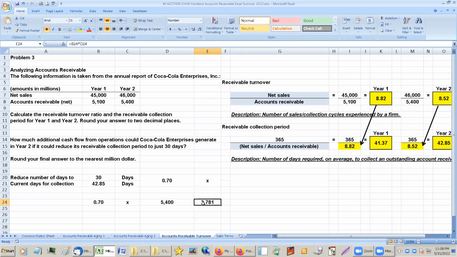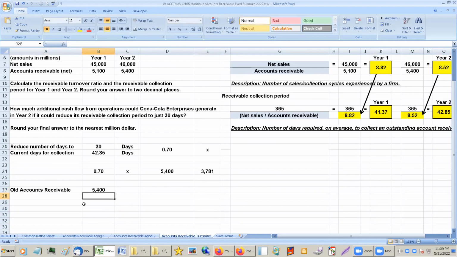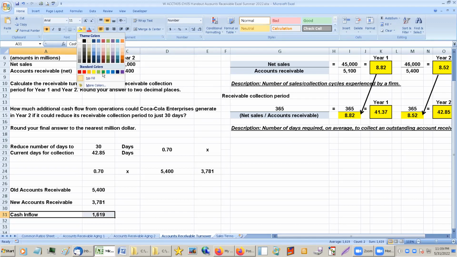So this would be what the new accounts receivable would be. I think the difference between those two, so we will have collected an additional 18,000. I guess that's 1610.